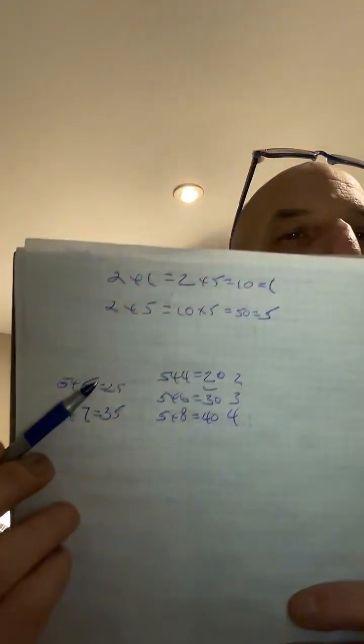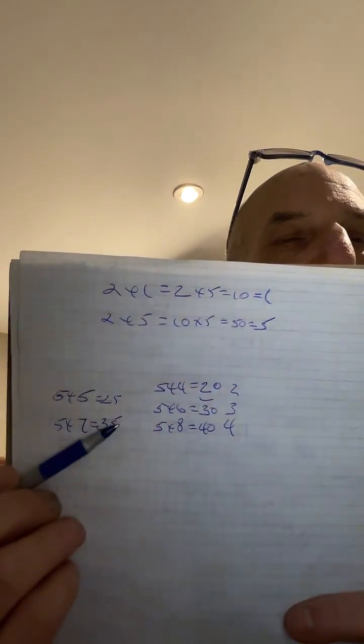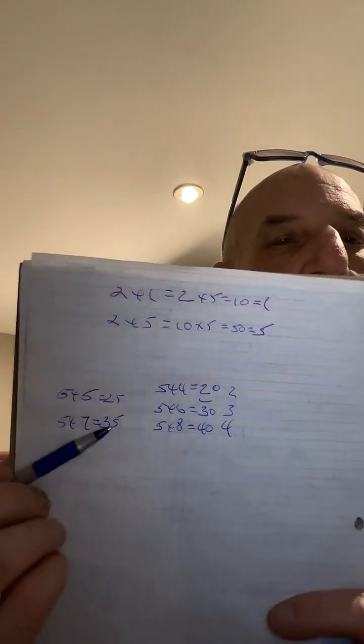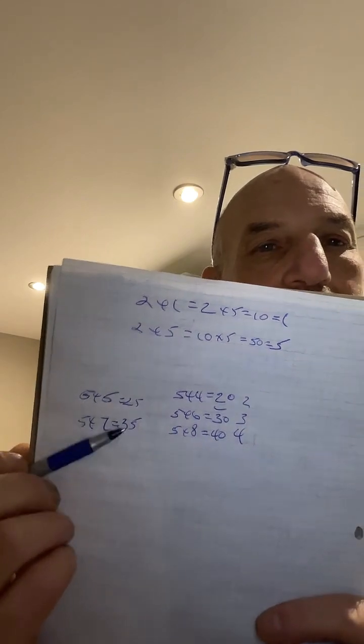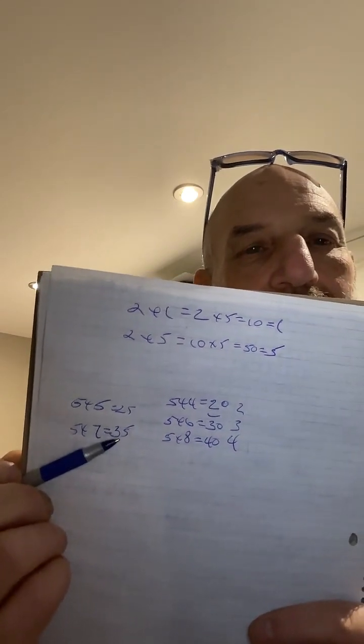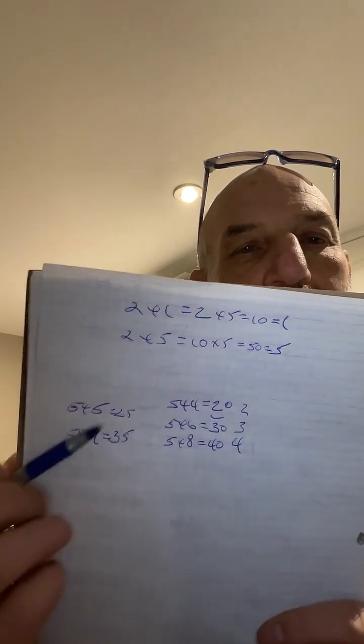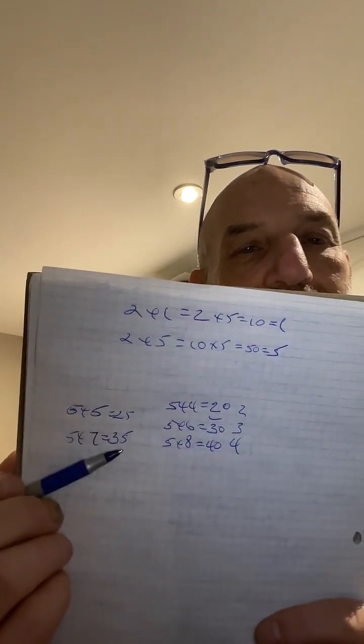See, we have a half number over here. This one and this one are both halves. 25 and 35. If I wanted to make this higher, I would go 50 and 70.